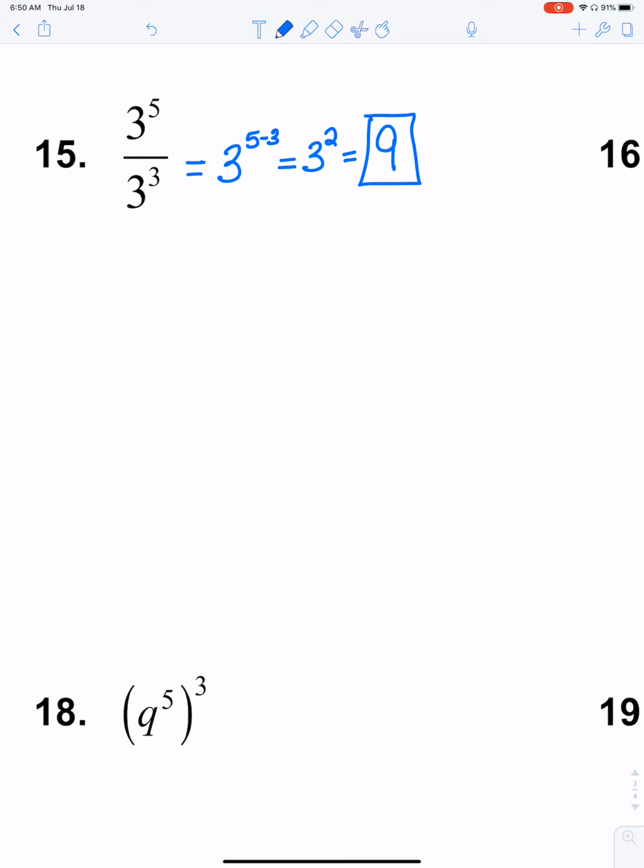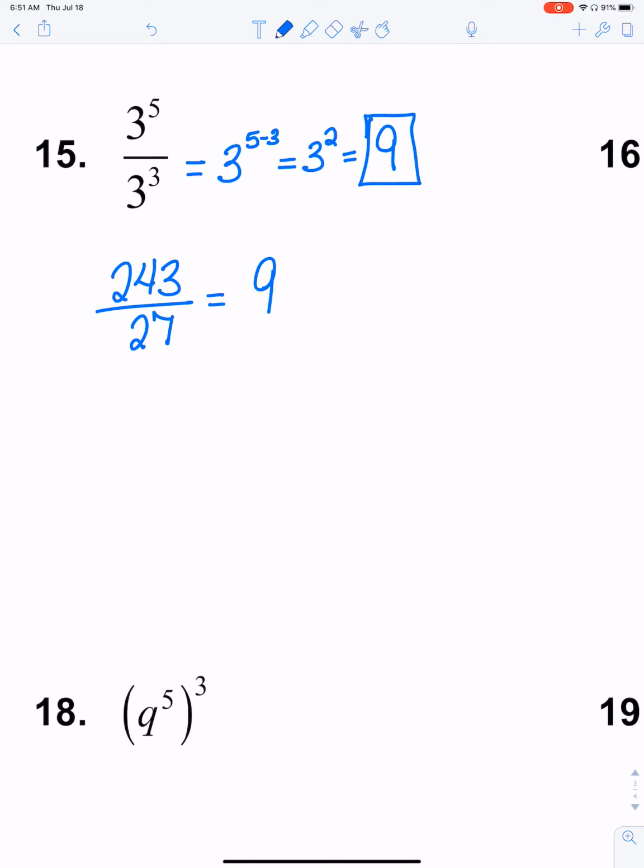Nice and easy. Okay? Now, could we have done it the other way and found 3 to the fifth to be, all right, well, I don't know what it is. I have to figure it out. 2, 3, 4, 5. So 3 to the fifth is 243 over 3 to the third is 27. So 243 divided by 27 comes out to 9.